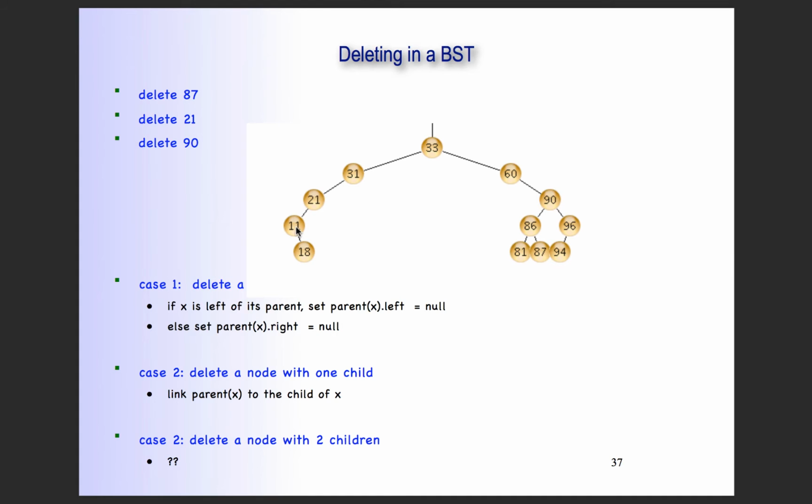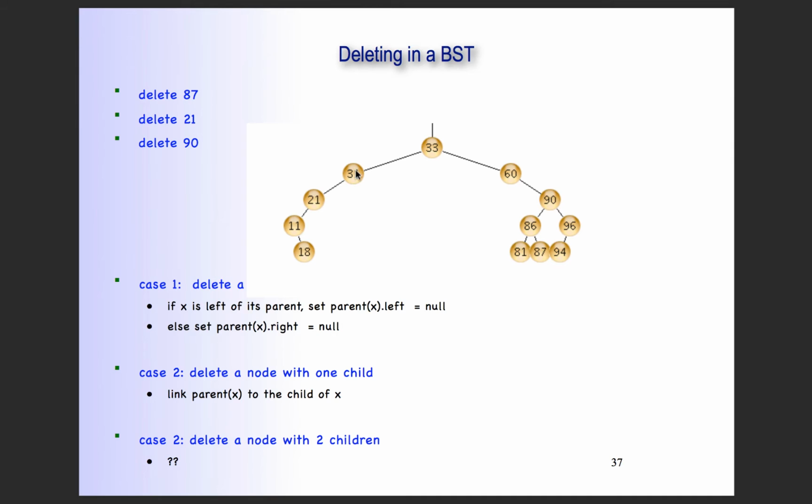Then you need to shift 18 to the place of 11, because you have to make a link from 21 to 18, because you are deleting 11. So 11 is in between 21 and 18. So you need to replace 11 by 18.